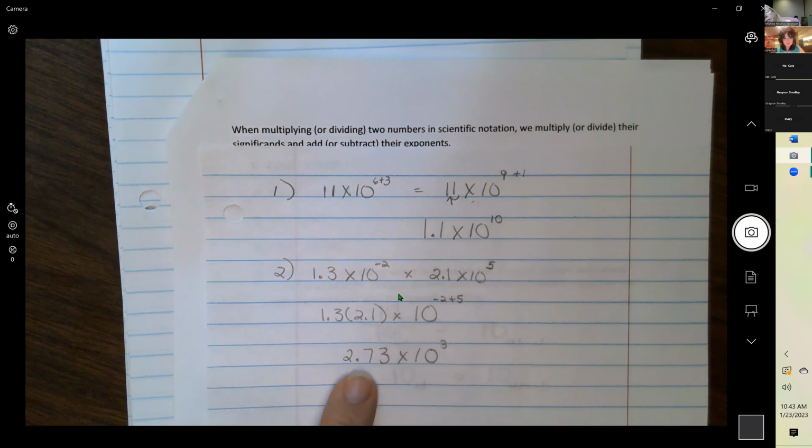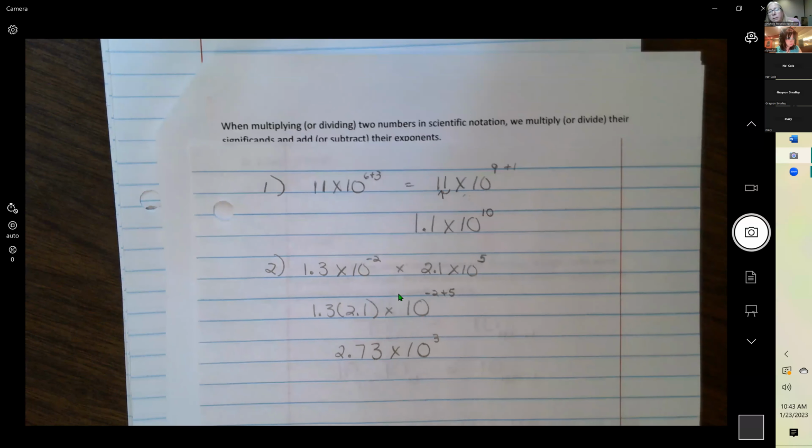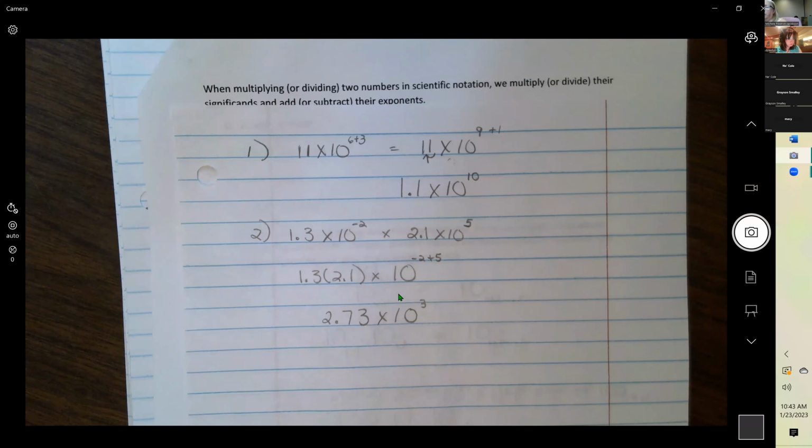This is between 1 and 10. So this is standard form, scientific notation. Any questions on that one?